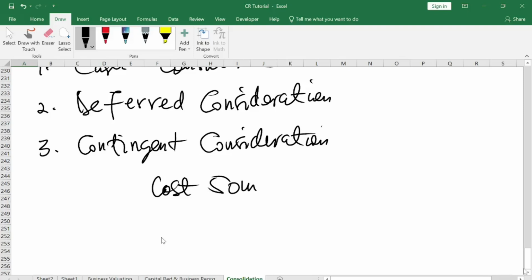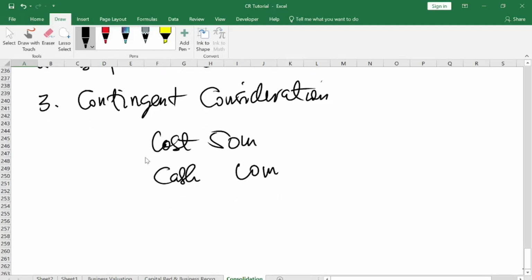Let us pay cash of 10 million. Now the rest of the 40 million payment should be based on what?